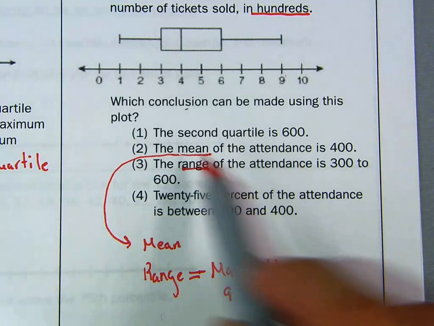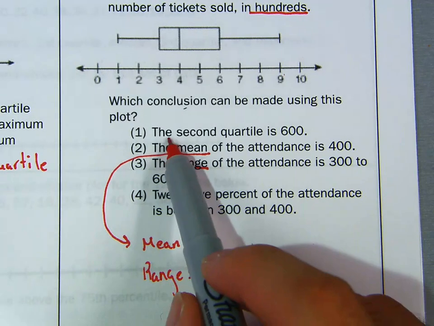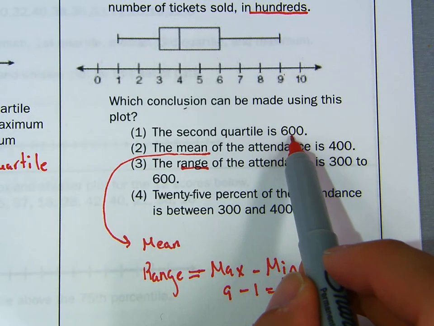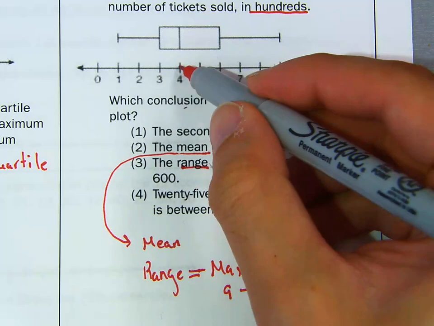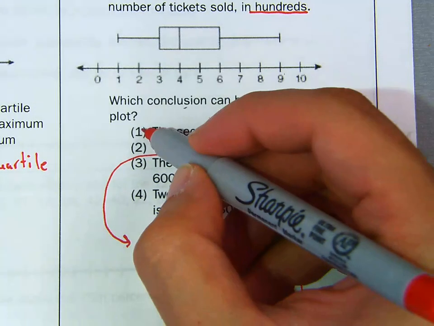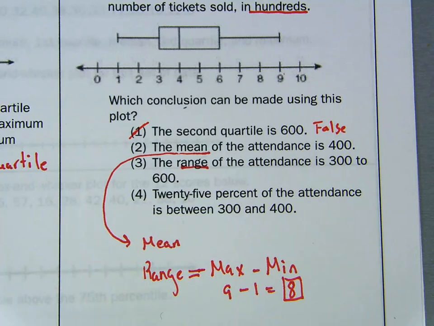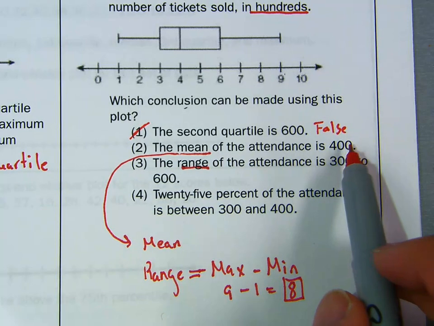Okay, so let's go through each one. The second quartile is 600. Well, this is false because the second quartile is at 400, so it can't be this one. The mean of the attendance is 400.